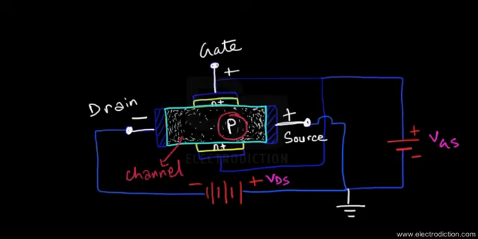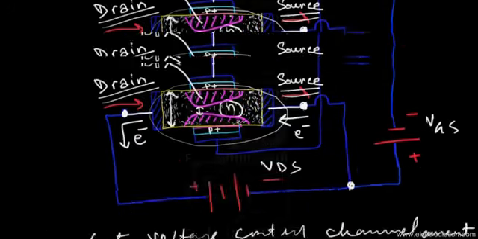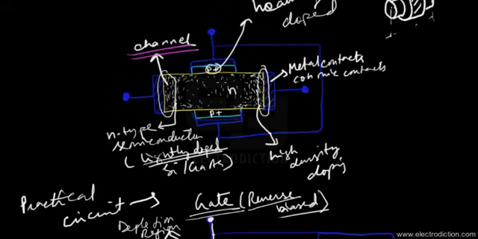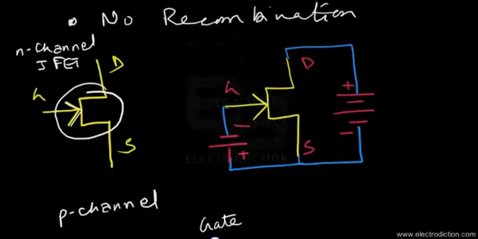So this type of JFET is referred to as a p-channel JFET, since its channel is made up of p-type semiconductor material, while the previous JFET, since its channel was made up of n-type semiconductor material, is referred to as an n-channel JFET.